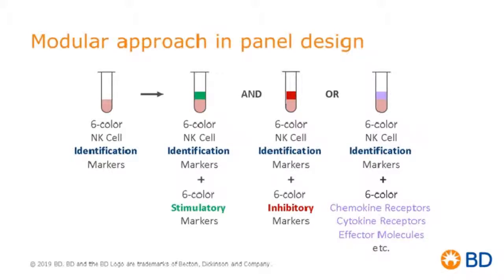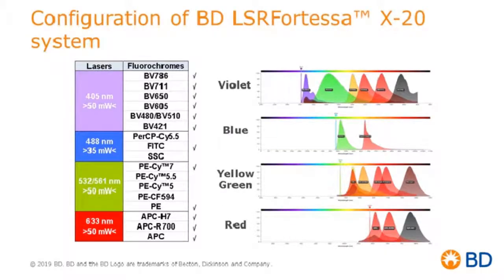For the analysis of this panel, we started our panel design using a flow cytometer analyzer, a BD LSRFortessa X20 system, equipped with 4 different lasers, with a capability of 16 fluorescent parameters in total. And in this case, we adopted panel design best practices to choose our fluorochromes.